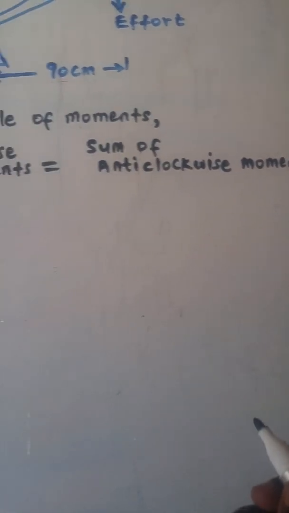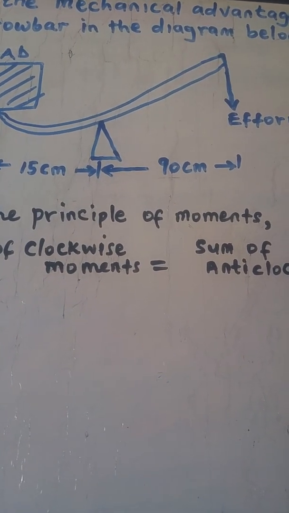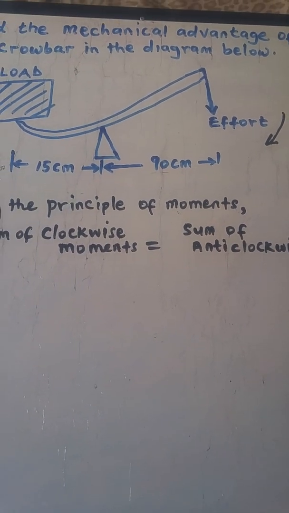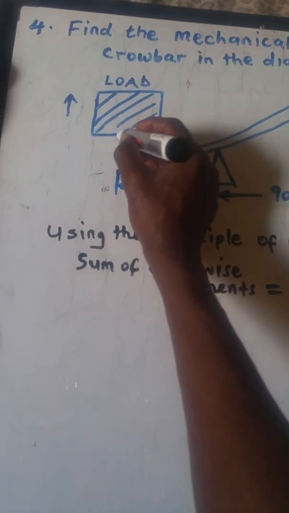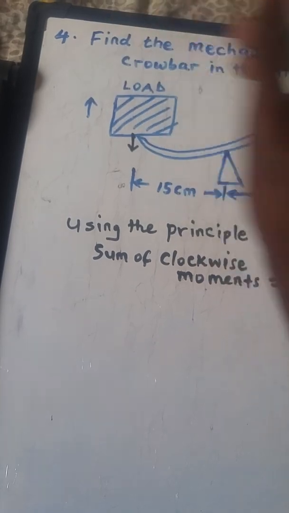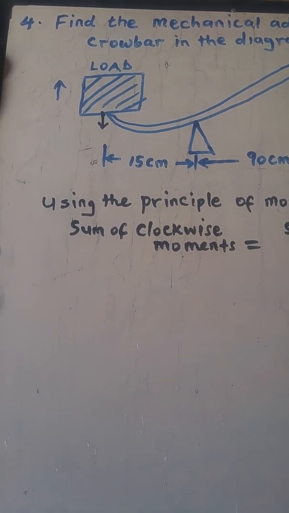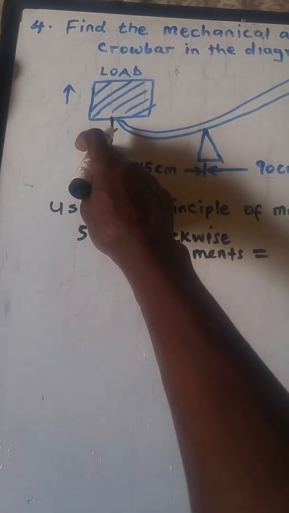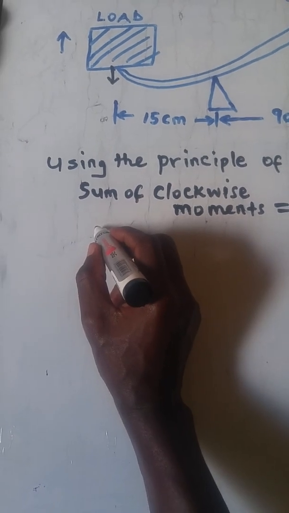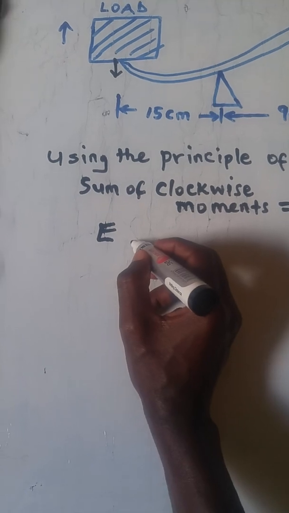You see? Now, this one is pulling the body down like this. Is that okay? But this load is pressing the body down like this. Although it is supposed to move up, but it is pressing down. So this one is moving like a clock. This is anti-clockwise. So clockwise we have the effort. Yes.